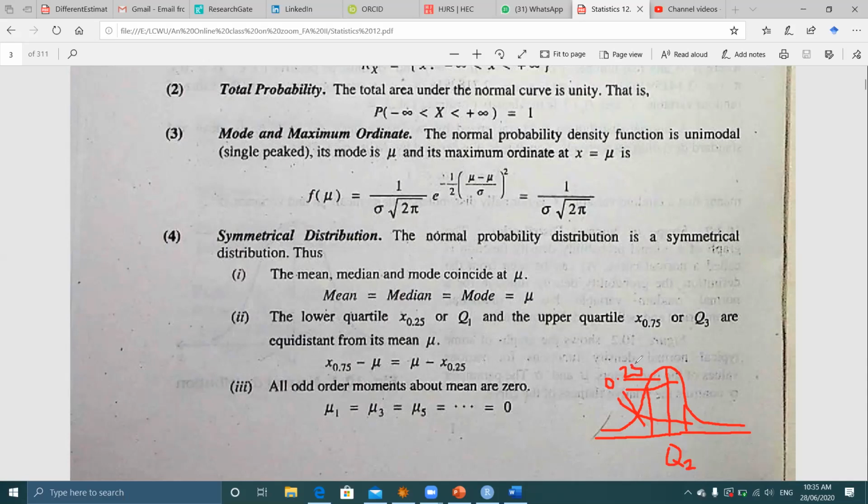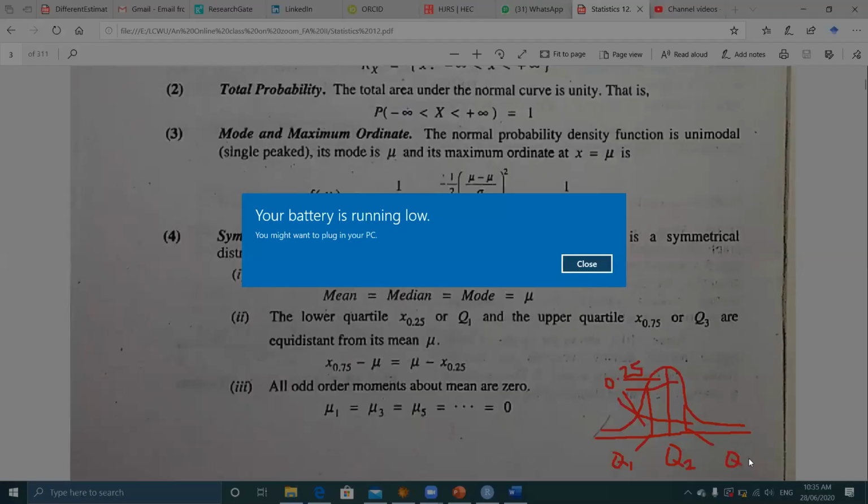So each portion is 0.25. And if you add up all these, 0.25, 0.25, 0.25, and 0.25, it will come to 1. So the first line is called Q1. This is your first quartile. At this point, your first quartile exists. This is your Q1. And this point at the end of the third line is your Q3.